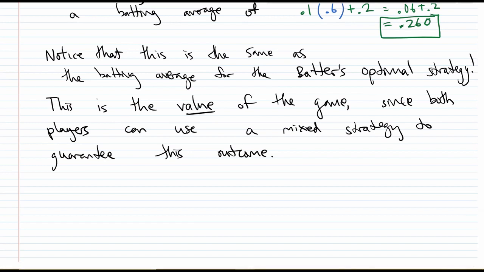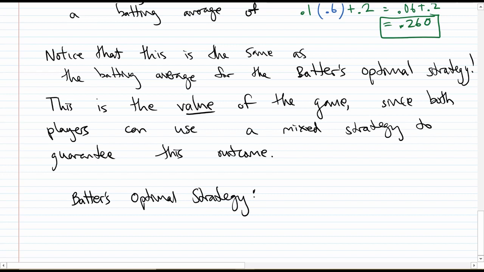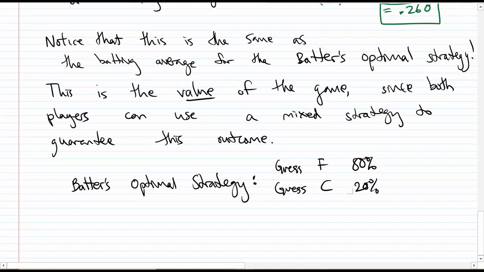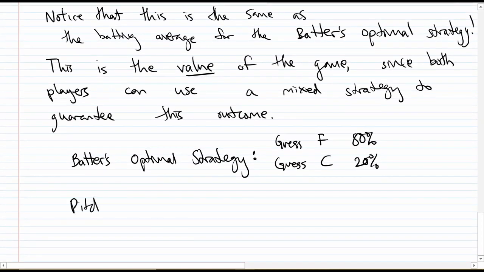Let's summarize all of this. Batter's optimal strategy: guess fastball 80% of the time, and guess curveball the other 20%. What was the pitcher's optimal strategy?